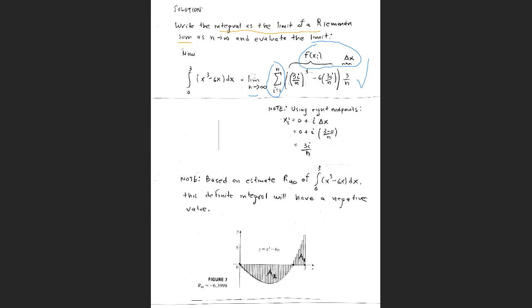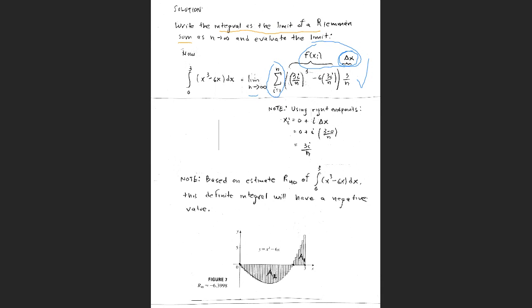So you're adding up the areas of rectangles, and as n goes to infinity, the width of each rectangle, delta x, gets smaller and smaller. In the limit, the rectangles get thinner and thinner, and they fit better under the curve. And so as n goes to infinity, this sum is going to equal the true definite integral.